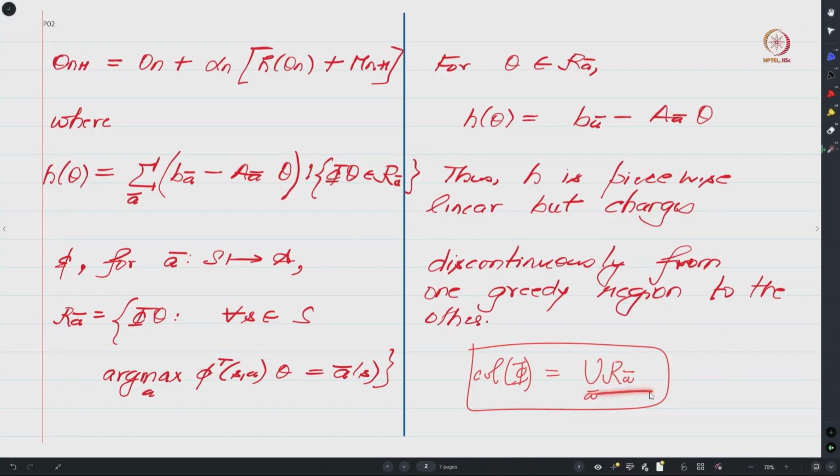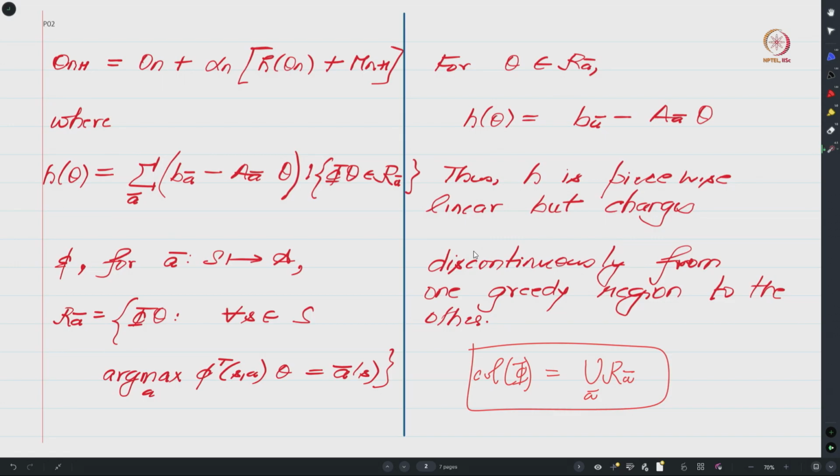So your column space of phi can be written as the union over A bar of R A bar, and one can see that when theta lies within R A bar, h of theta is precisely this. This notation and what I have written here mean the same thing, that is, whenever theta lies in R A bar, h of theta is B A bar minus A A bar theta. So in this way h is piecewise linear, but the definition of h changes discontinuously when you move from one greedy region to the other.